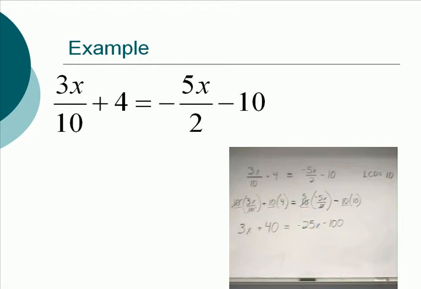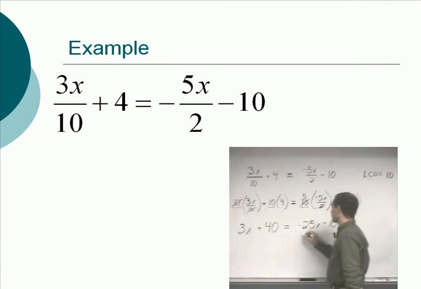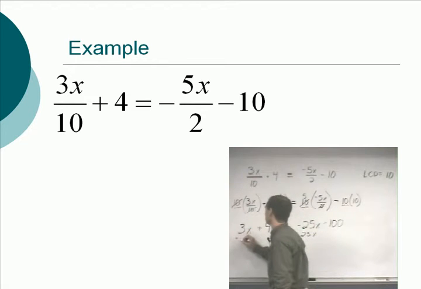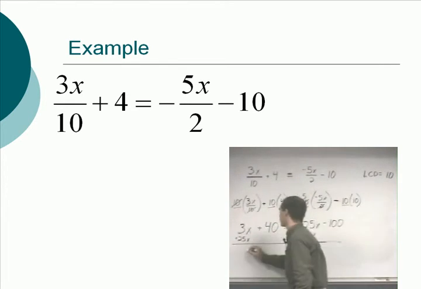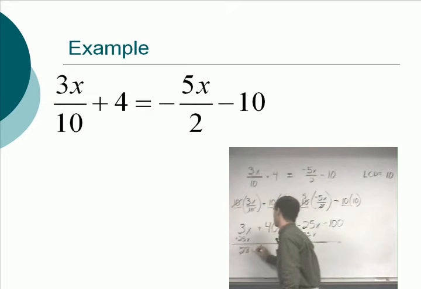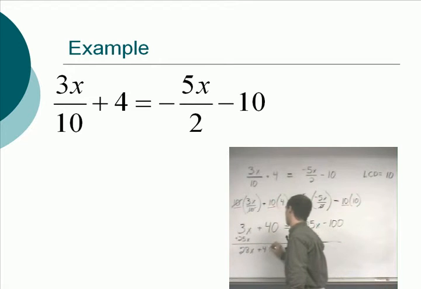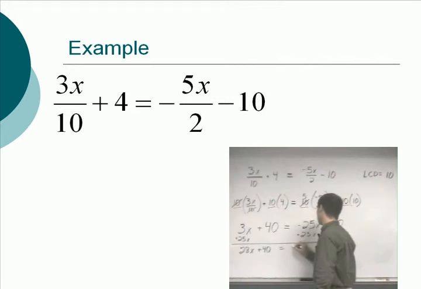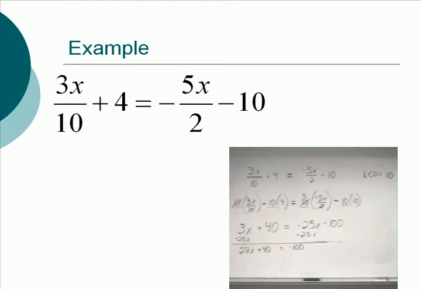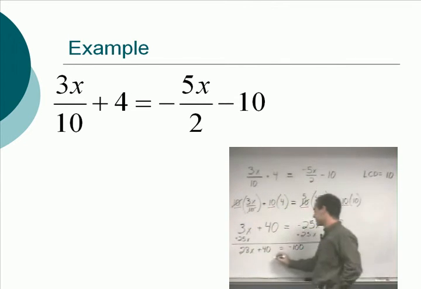Well, now we're home free. Let's move the 25 over to the left. Let's subtract 40 from both sides.